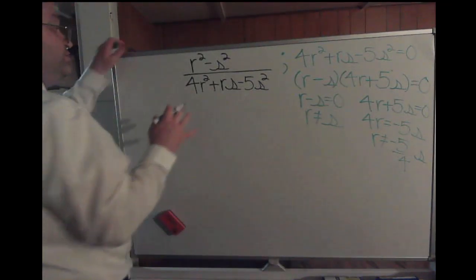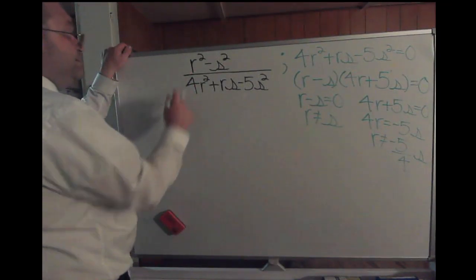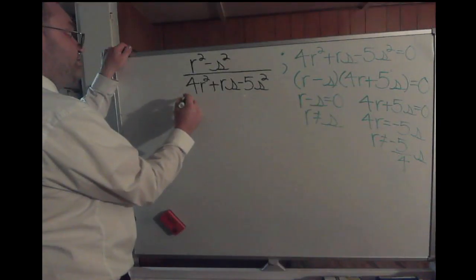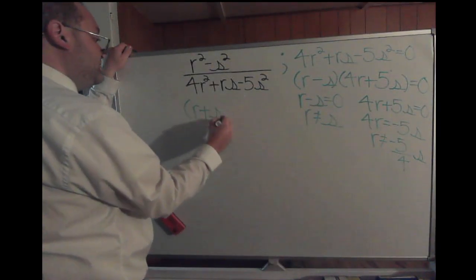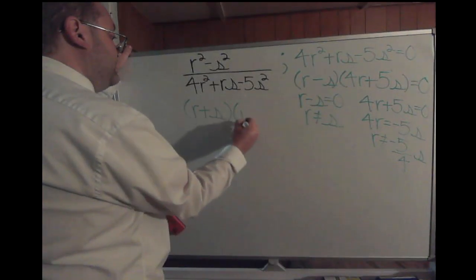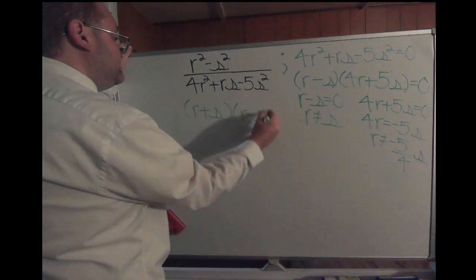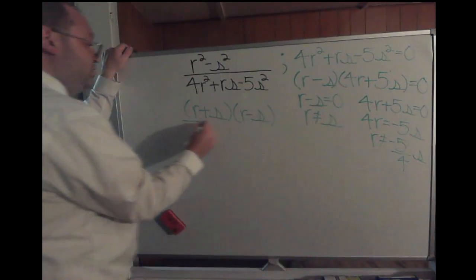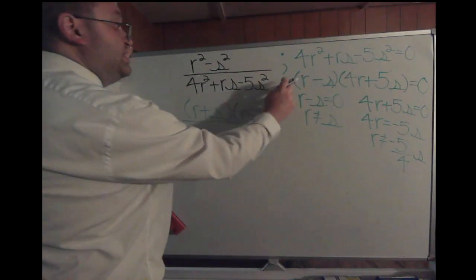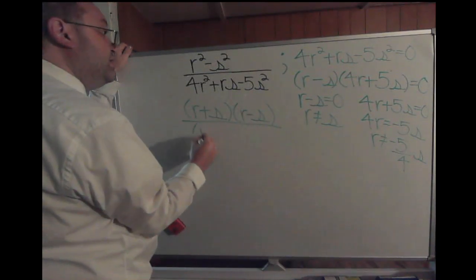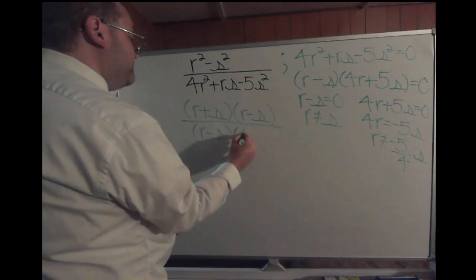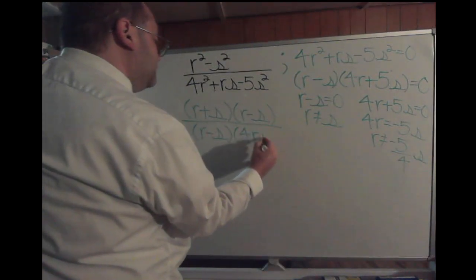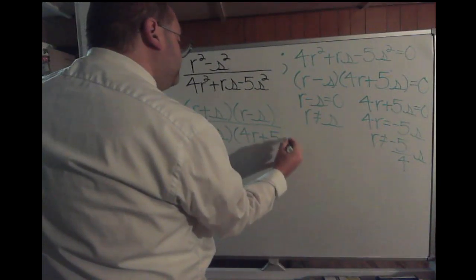Now we can go through, factor out the numerator and denominator. Factor out the numerator of r squared minus s squared, you get r plus s times the quantity of r minus s, all over, we did the factorization over here, you get the quantity of r minus s times 4r plus 5s.